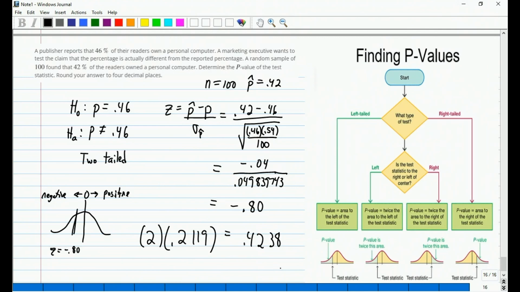I apologize for this extra time here, but I want to make sure I get the right answer. I did get negative 0.80. I'm going to look one more time in that table.